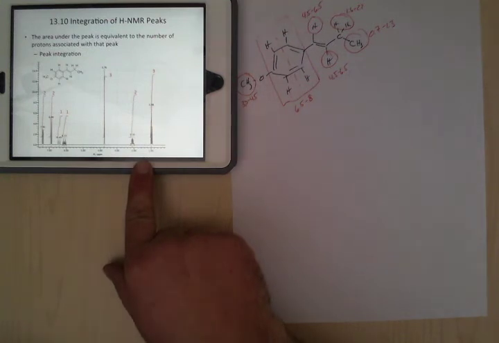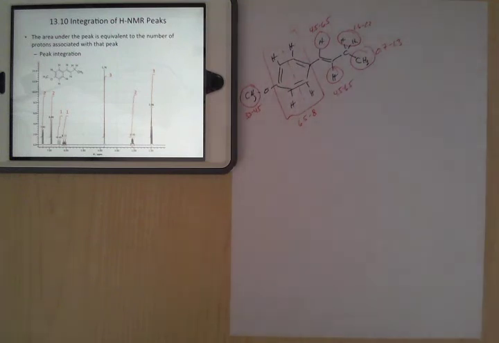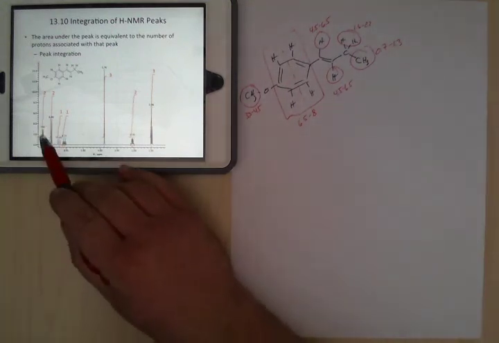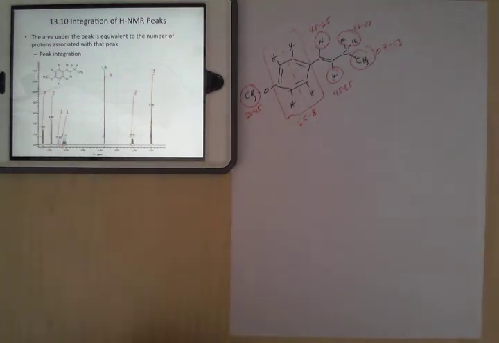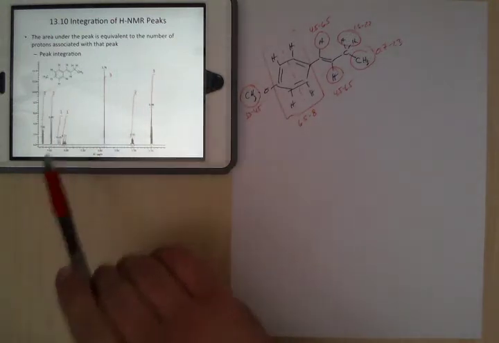Now the other thing we can know about these is if you calculate the area underneath these peaks, integrate them like in calculus, you can learn a lot of information.